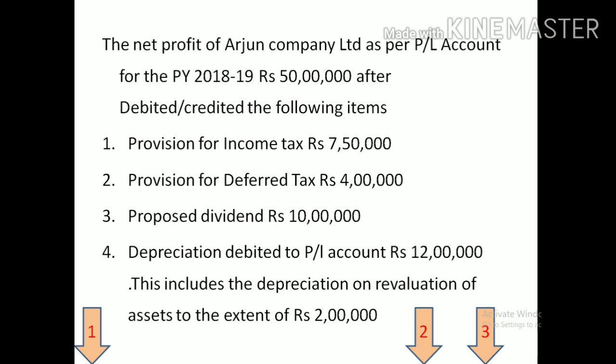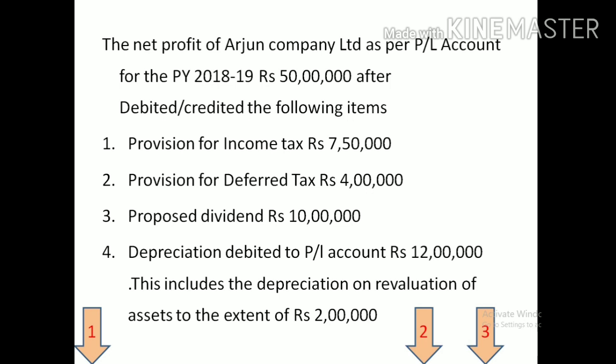So this amount should be added back to the net profit in calculating book profit. So provision for income tax is 7,50,000. Please observe the format. This is the first thing addable to the profit. The provision for IT, IT paid, penalty or advance, anything like that, should be added back to the profit in calculating book profit under MAT provision.